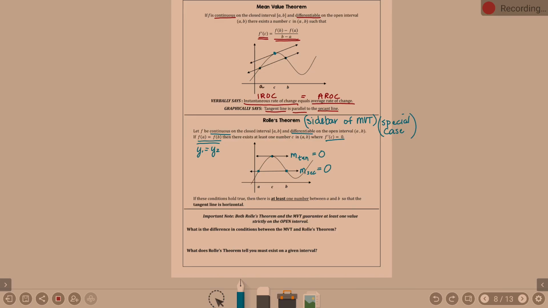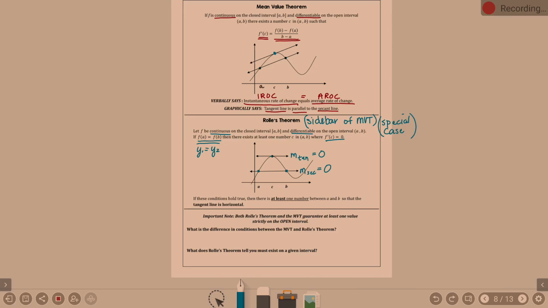Okay, important note, both Rolle's theorem and the mean value theorem guarantee at least one value strictly on the open interval. So these are existence theorems, I guess you could say. They guarantee something will exist. Now, two questions here.